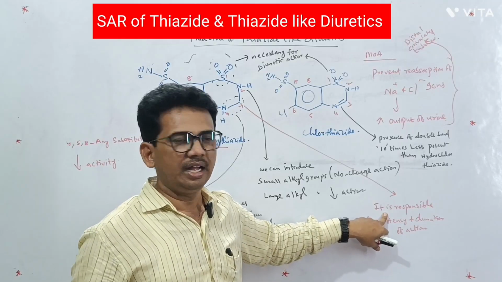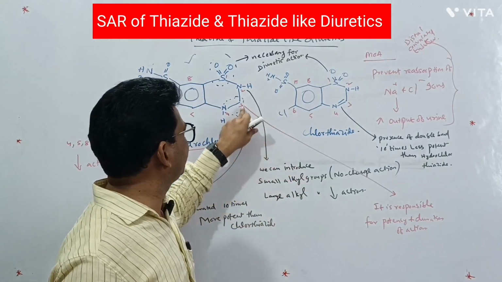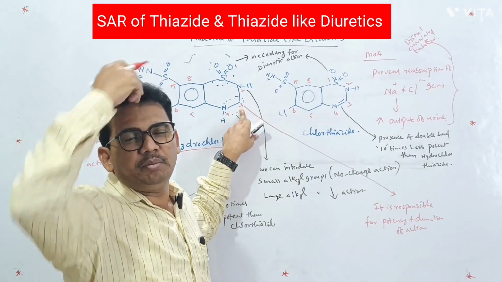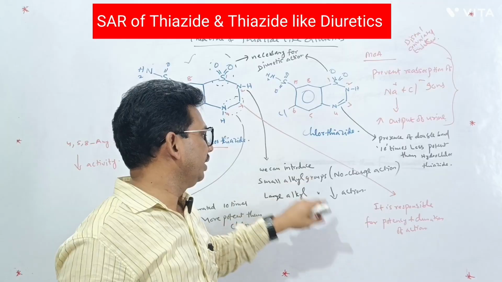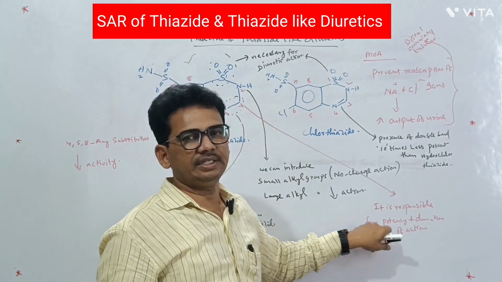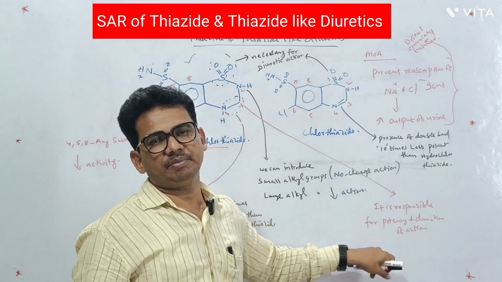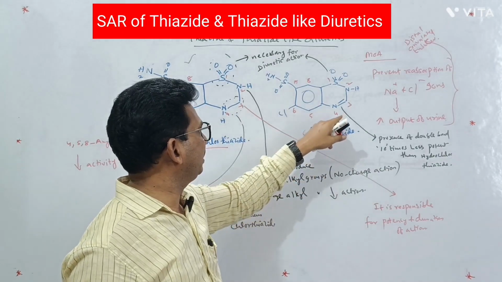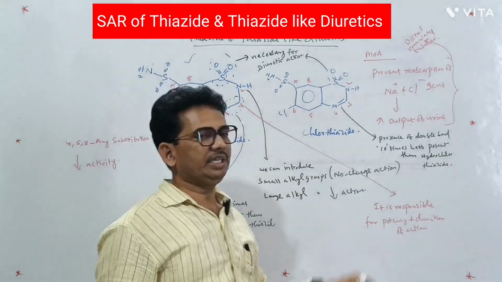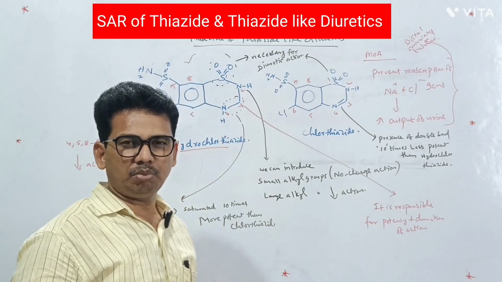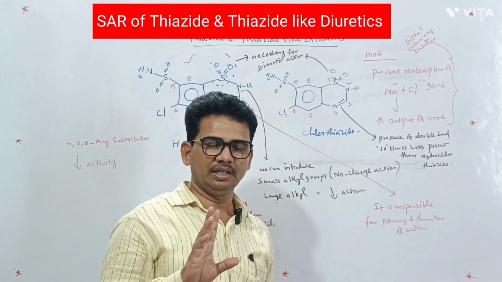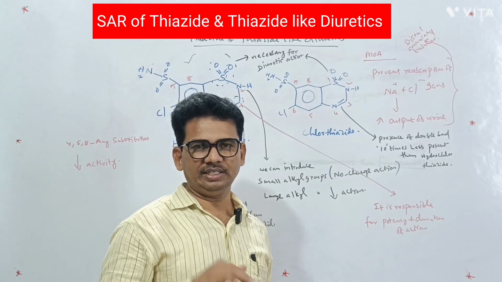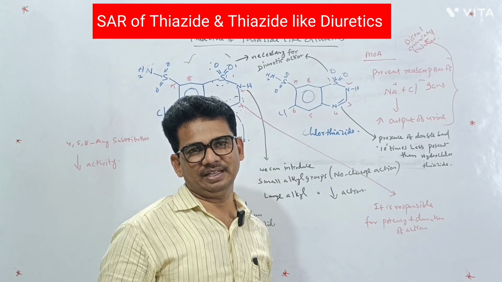With no substitution, the activity is good. If we do any substitution here, the potency decreases and the duration of action might increase. Both are not going to increase together. If potency increases, duration of action decreases. If potency decreases, duration of action increases.